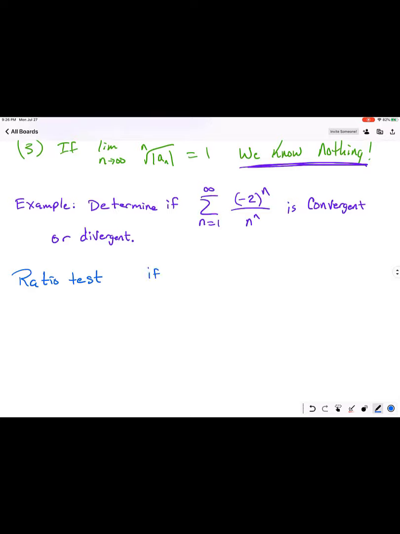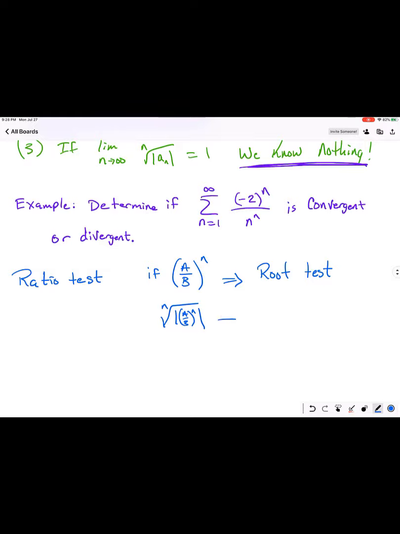So what I look for is if I have the case where I have an a over b raised to the n, if that's the form I'm looking at, then I think don't use the ratio test, use the root test. And the reason I think that is I'm going to apply the nth root of the absolute value of a over b raised to the n.